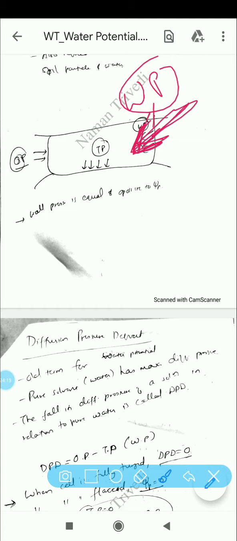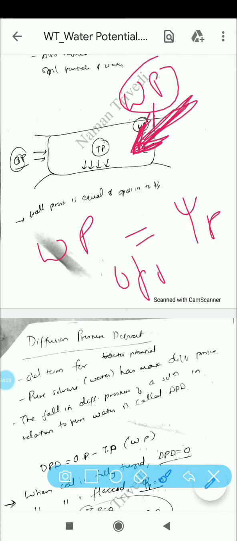It is exerted by the wall in counter to the Turgor pressure, and wall pressure is always equal and opposite to psi p. It is always equal and opposite to psi p, remember that.